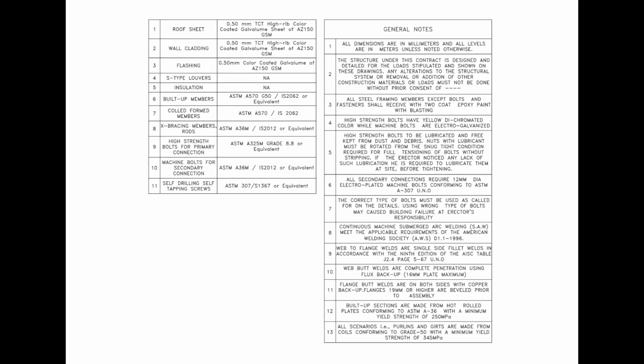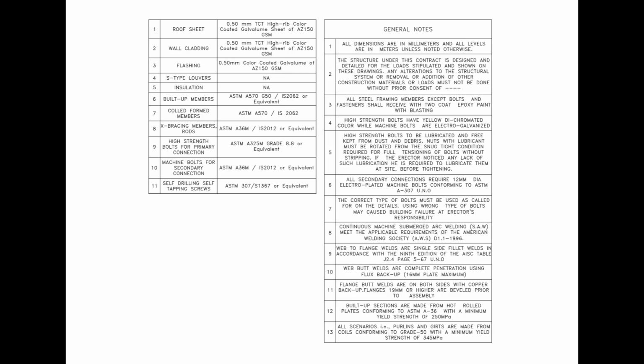Next, we have the material specifications and general notes for the project. The material schedule defines the required specifications for different components of the PEB structure. The roof sheet and wall cladding are specified as 0.50 mm TCT high-rib color-coated galvalume sheets of AZ 150 GSM.